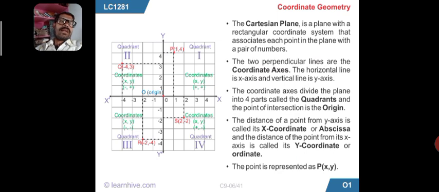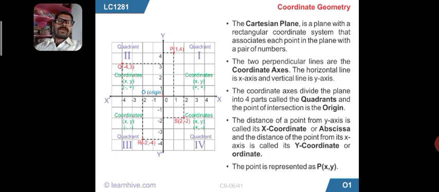The two perpendicular lines are the coordinate axes, that is the x axis and y axis. The horizontal line is the x axis and the vertical line is the y axis. The coordinate axes divide the plane into four parts called quadrants, as I told in the last slide. And the point of intersection is the origin, that is O, 0, 0 is the location of the origin.